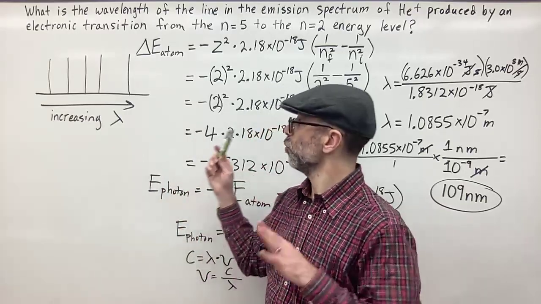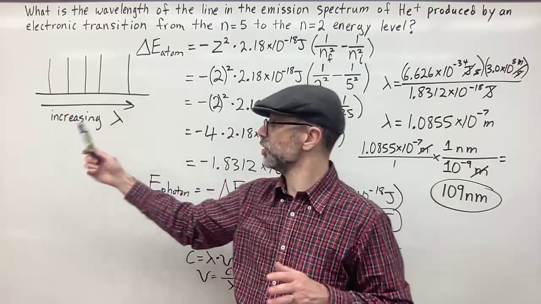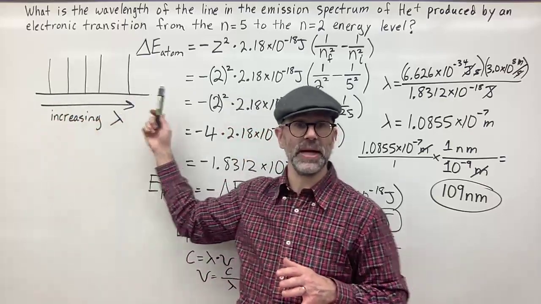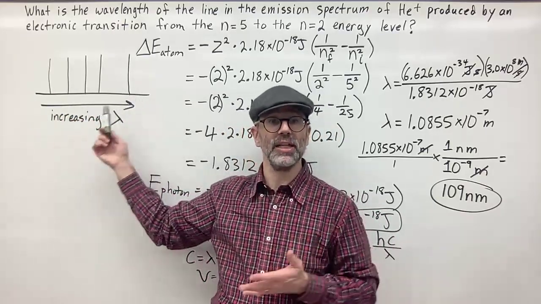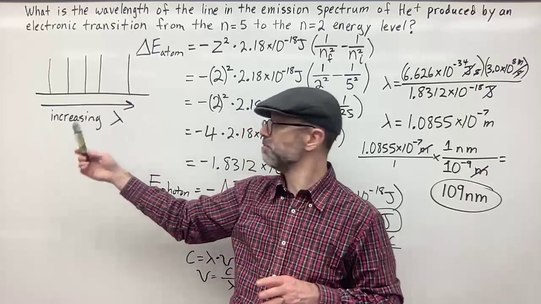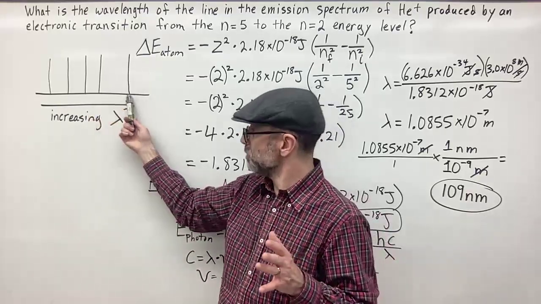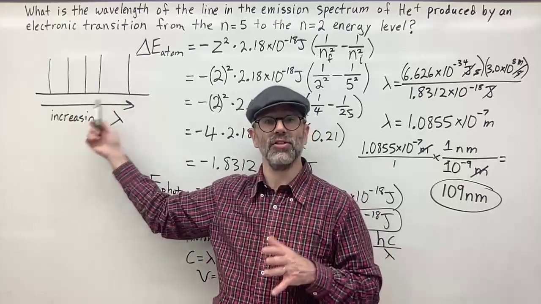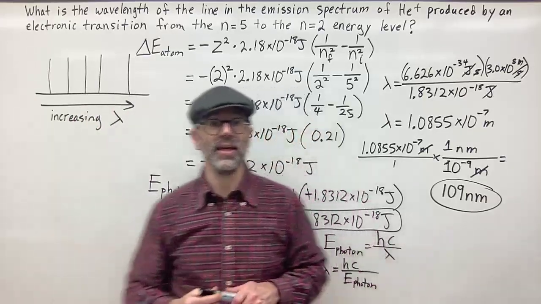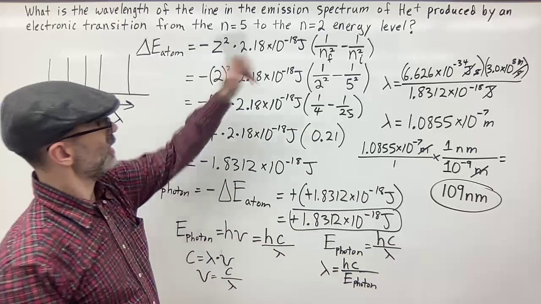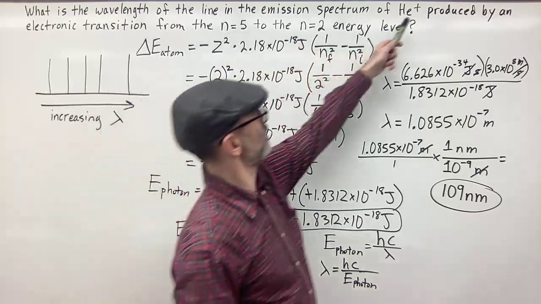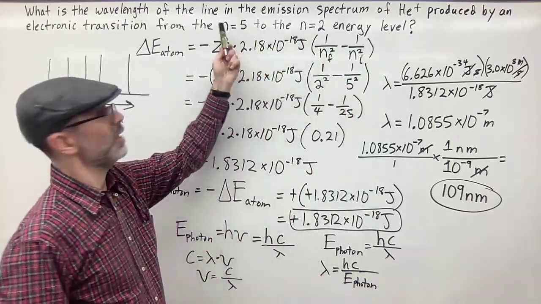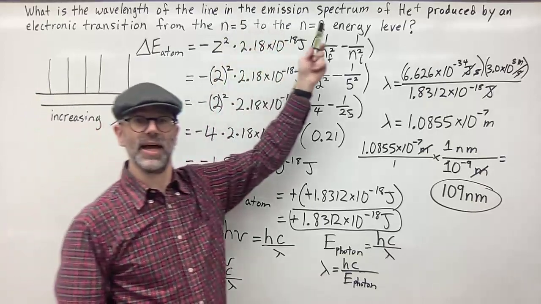And so basically the problem is asking you, hey, we have this emission spectrum of helium plus ion. This band of light or whatever band of light they're choosing, that one is due to the transition of the electron in the helium plus ion from n equals 5 to n equals 2.